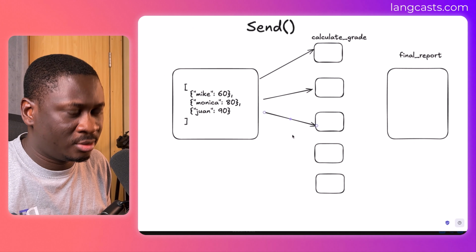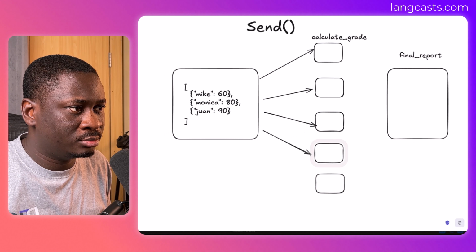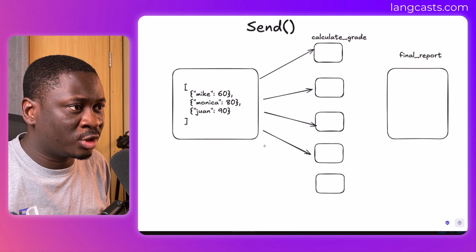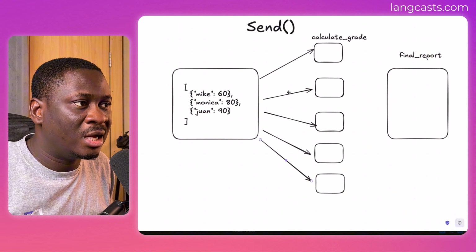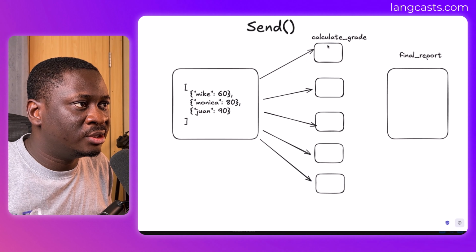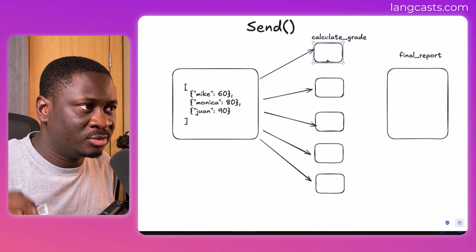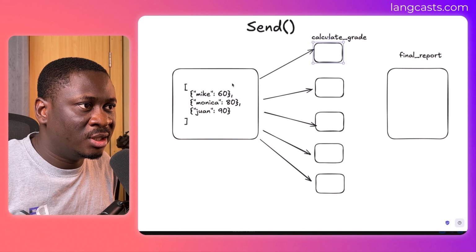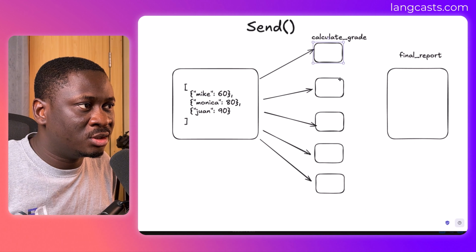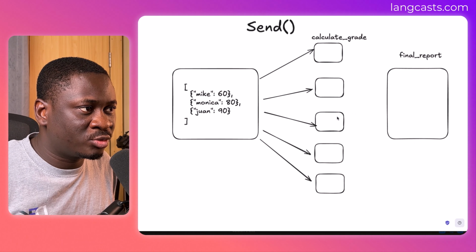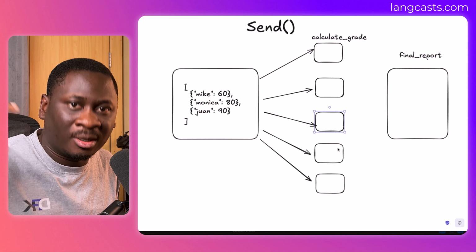You generate those multiple instances based on the number of scores you get. And they would each work on different states. This will work with the Mike object. This will work with the Monica object. This will work with the Juan object, and more and more and more.